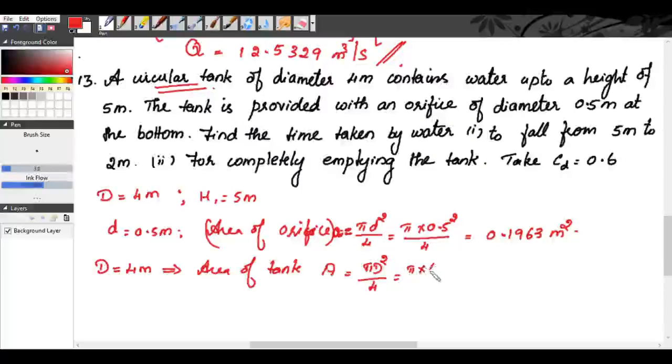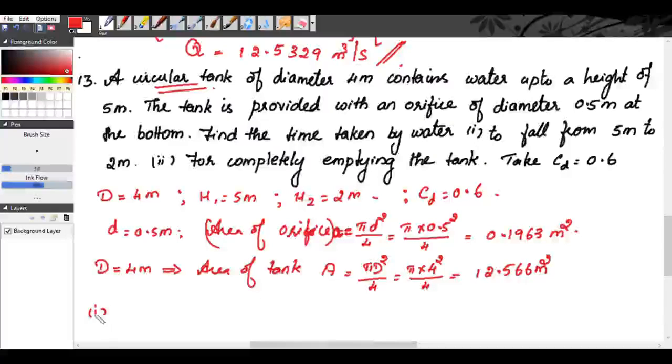So pi into 4 square divided by 4, we get 12.566 meter square. Now find the time taken by water to fall from 5 meter to 2 meter. So H1 is 5 meter and H2 is 2 meter. Also CD is given as 0.6.